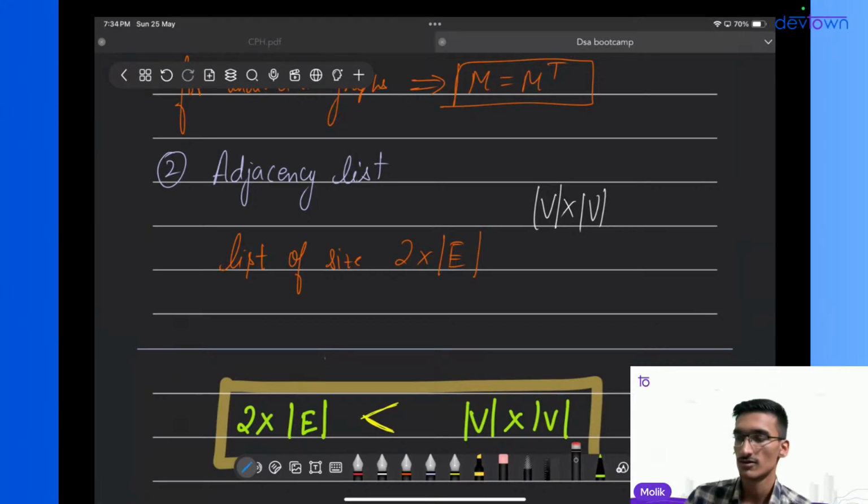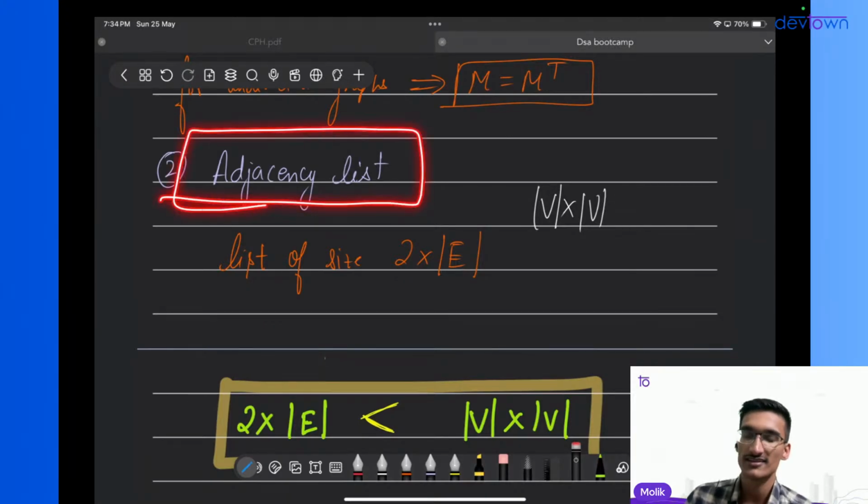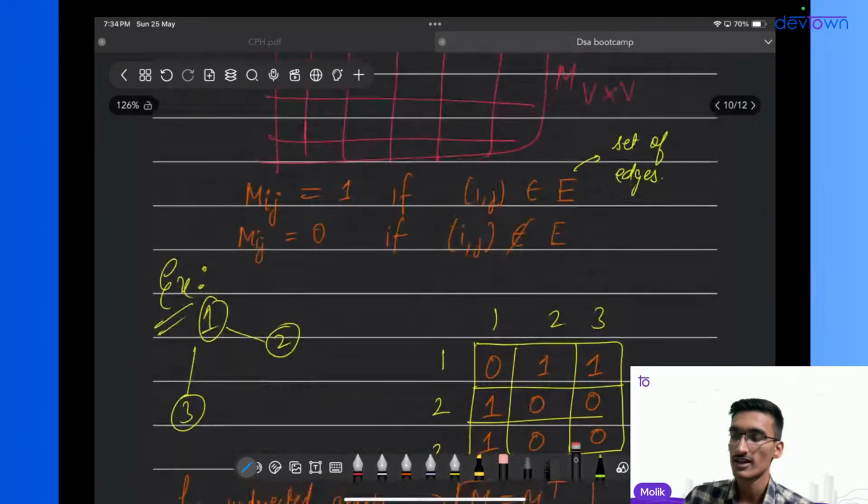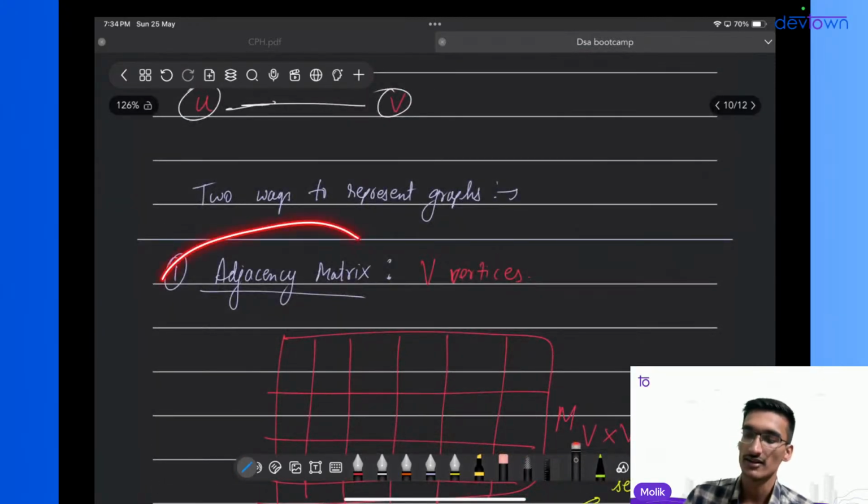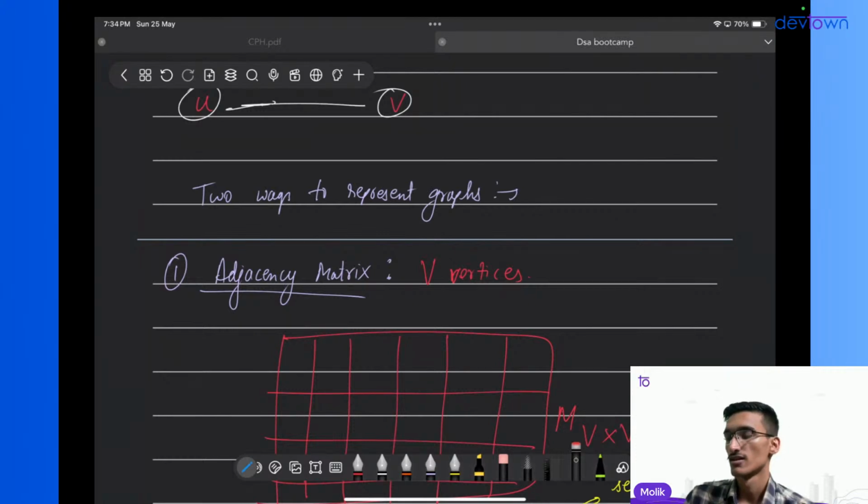Yes, Shraddha, you are right. Mostly you'll be using adjacency list, but don't get confused that this is never used. There are cases where this is used. There are use cases where there is only a need of accessing and searching for the data. And if you're just accessing and searching, obviously adjacency matrix is the one.